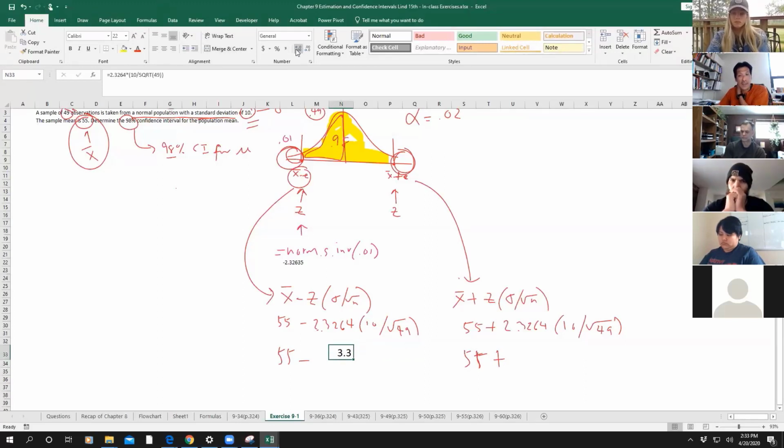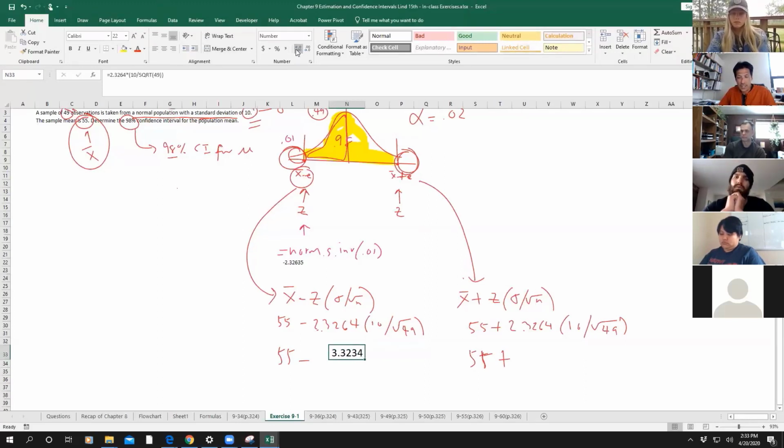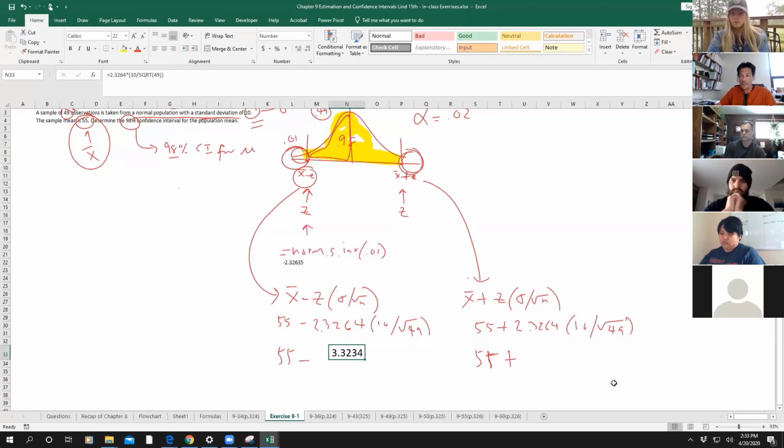Let's increase the decimals to 3. Since the margin of error, the distance between the mean and the lower limit and between the mean and the upper limit, is equidistant, I'm just going to use whatever that number is. Are we clear so far?